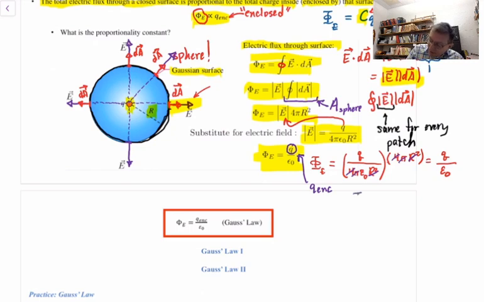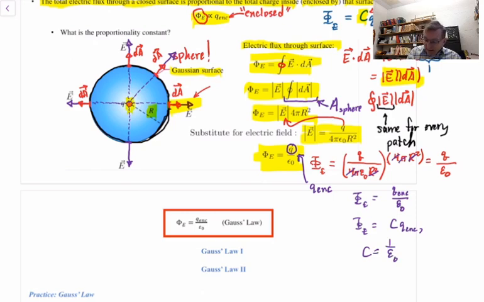So what I've got for my special case is that. Now compare that with the formula I had above, and I see that the proportionality constant C is just 1 over epsilon 0.